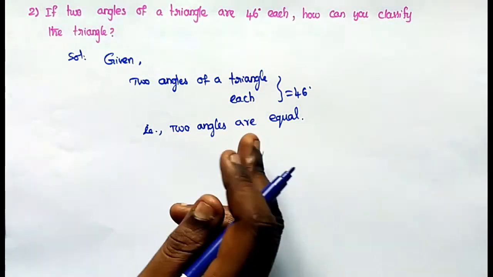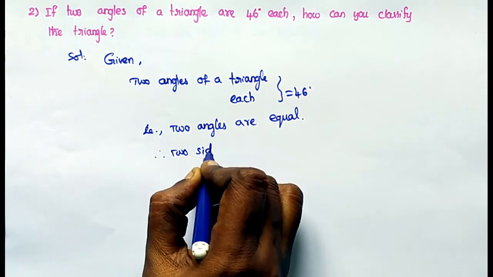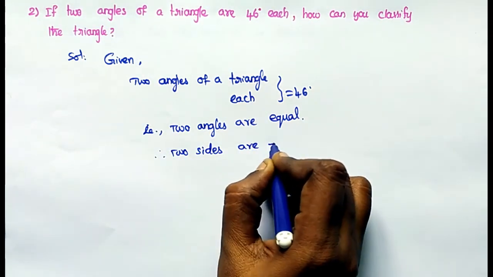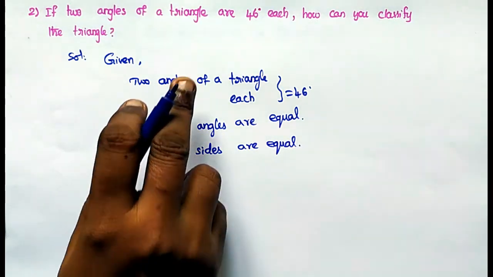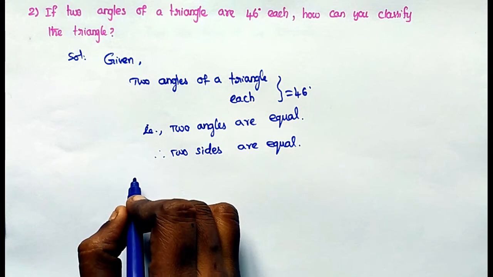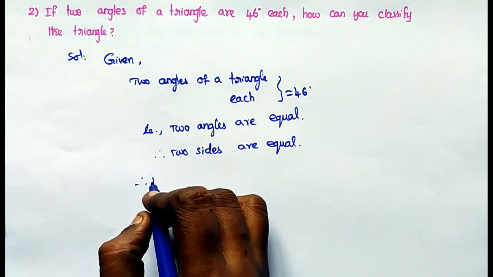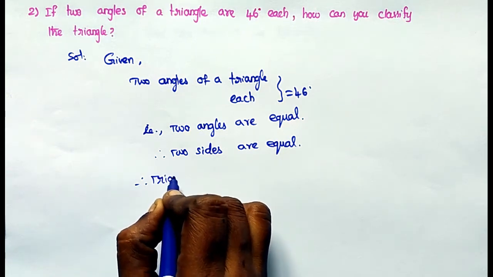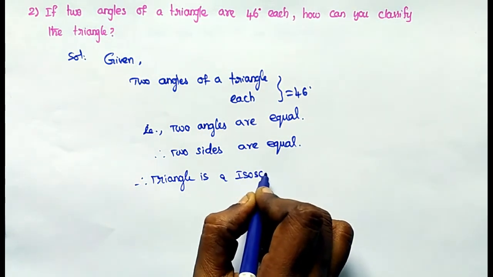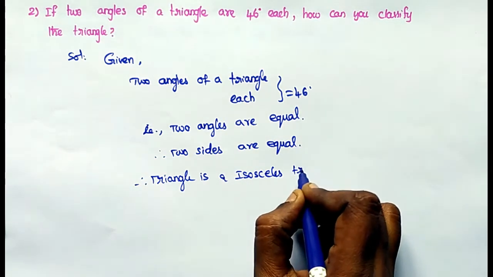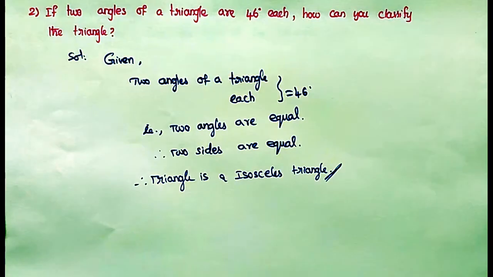Two angles are equal means therefore two sides are equal. Two sides are equal means what is the type of triangle? Therefore the triangle is an isosceles triangle. That is the answer.